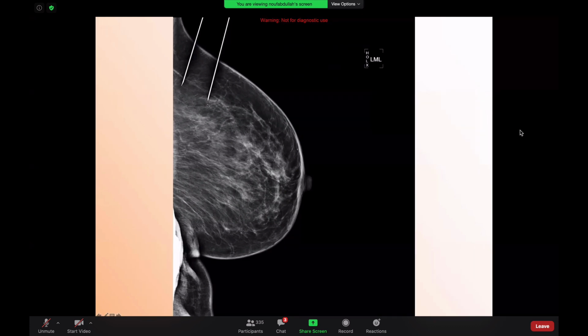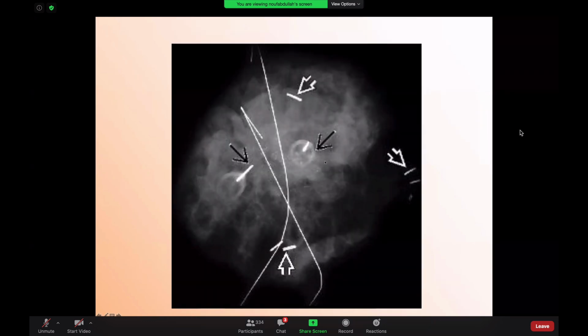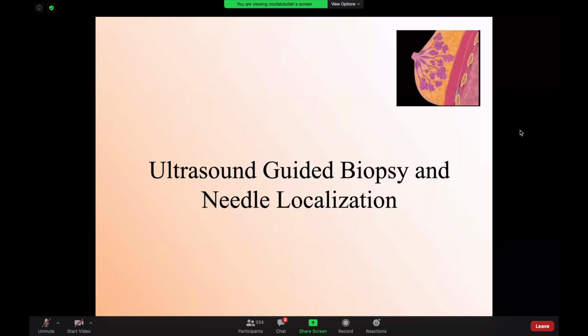I have to insert the needle a little bit further until I reach it, and then I will do the hooking of the needle, and I will send the patient for surgery. Once she has gone for surgery, we do an X-ray of the surgical specimen, and you can identify either a clip or the microcalcification within the surgical specimen. Ultrasound guided biopsy and needle localization is another way to do the biopsy.